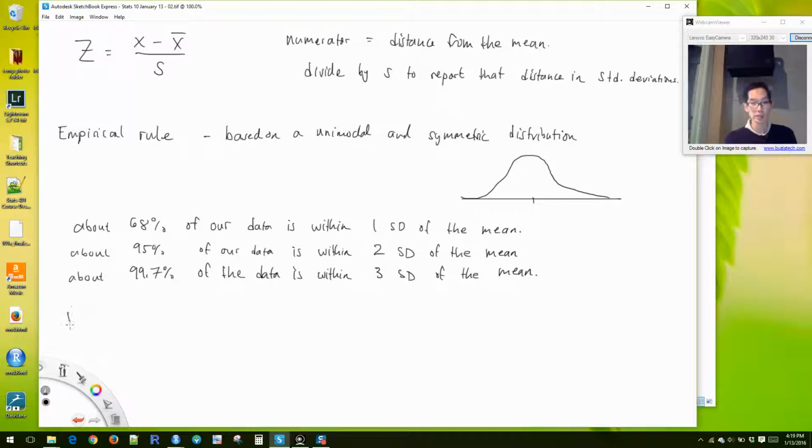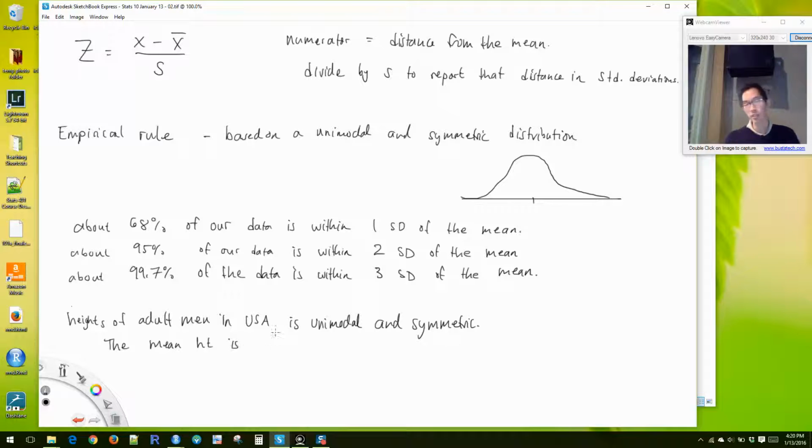And, you know, just to illustrate, we can say the heights of adult men in the United States is unimodal and symmetric. The mean height, so what would you say the average height of a male in the US is?